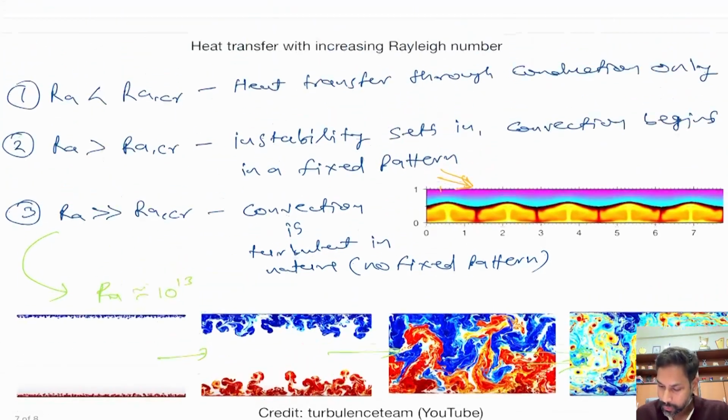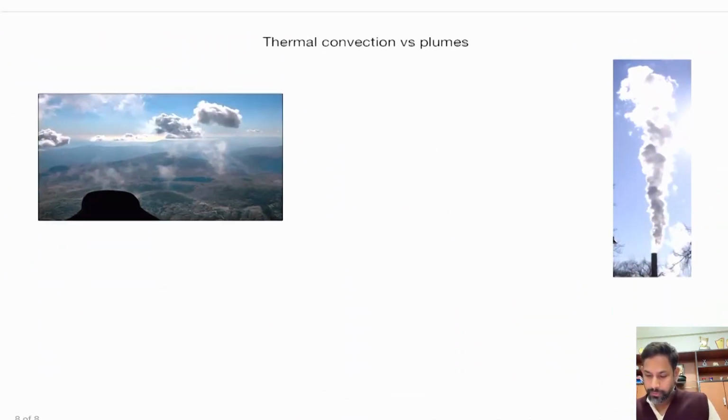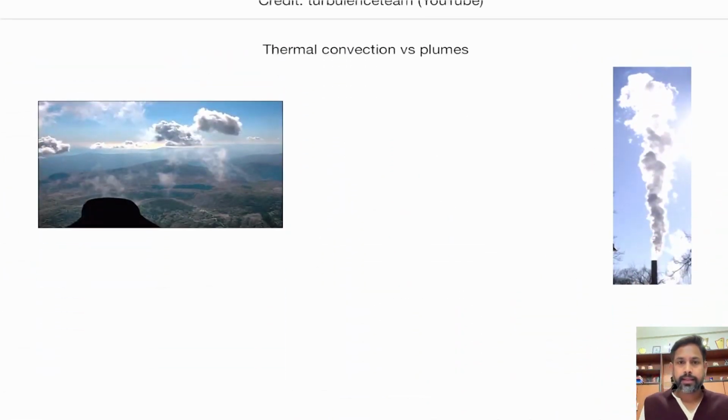Okay, so far we have seen how this thermal instability develops and that brings convection, and that is why we also need to discuss one topic very quickly, that how this thermal convection is different from plumes that we have studied before, right? In fact, plume is something that we studied in great detail.